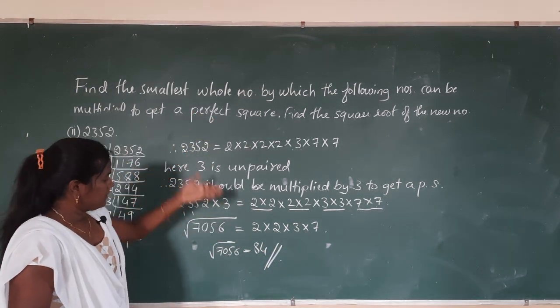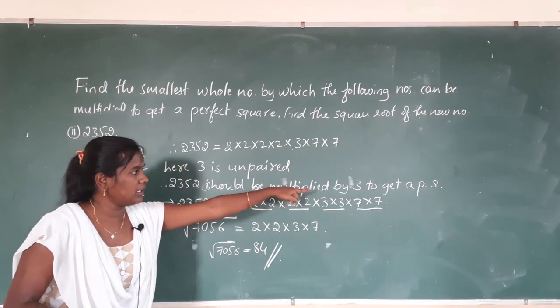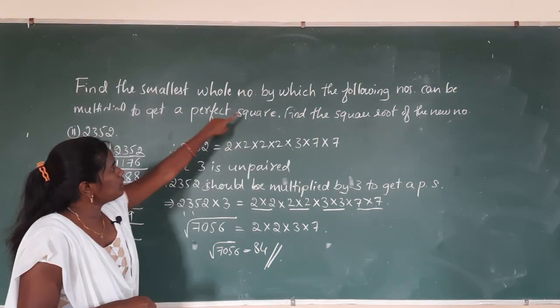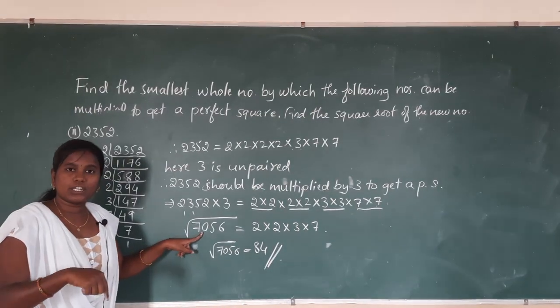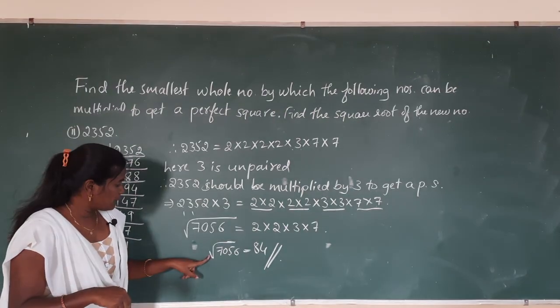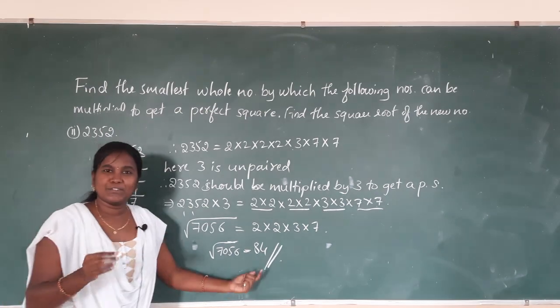We have found by which number it should be multiplied to get a perfect square, and also found the square root of the new number. The new number we got is 7056. Therefore, the square root of 7056 is 84.